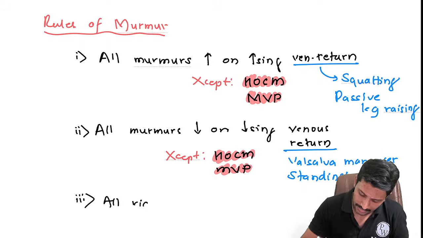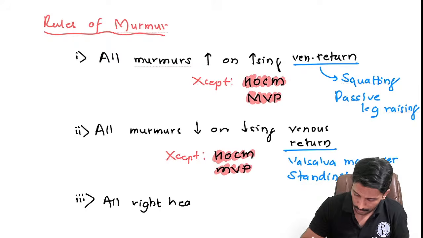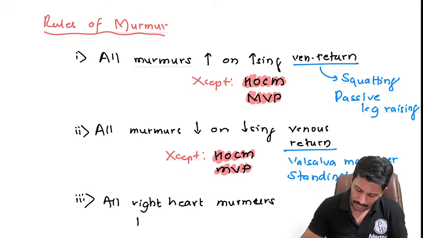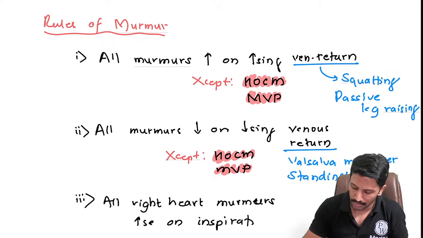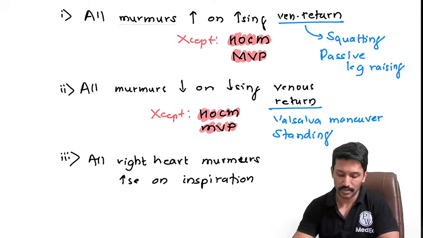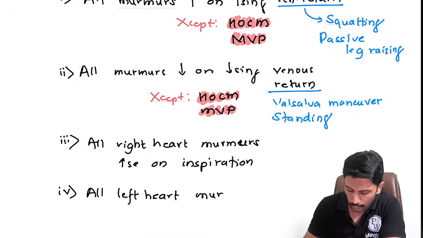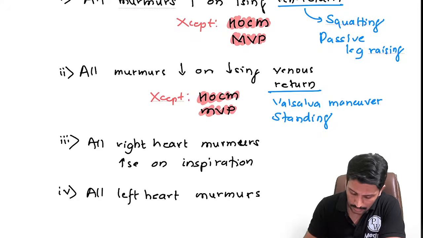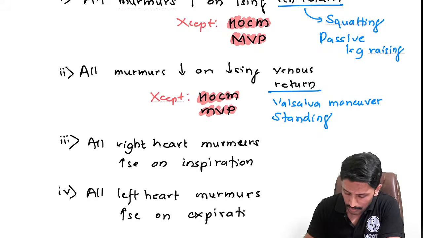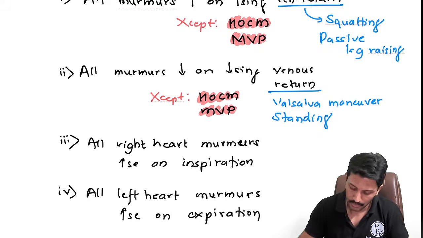There's another rule I want you to remember: all right heart murmurs increase on inspiration, because the right side of the heart gets more blood during inspiration. And in the same way, all left heart murmurs, if the murmur is originating from the aortic valve or mitral valve, increase on expiration. That's why the AS murmur, AR murmur, MS murmur, and MR murmur are best heard in expiration.